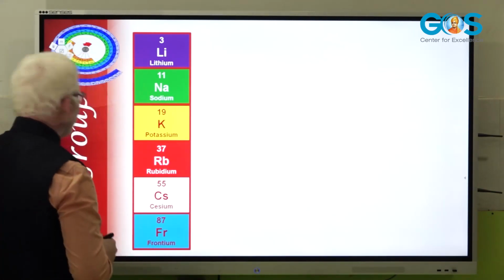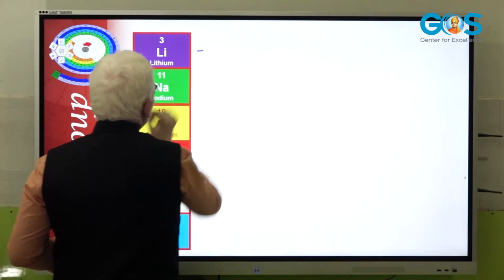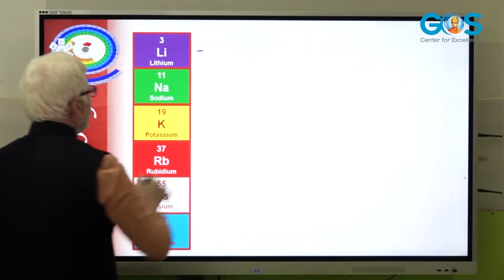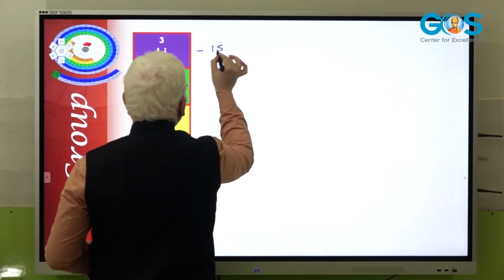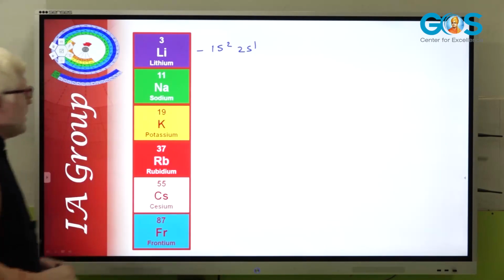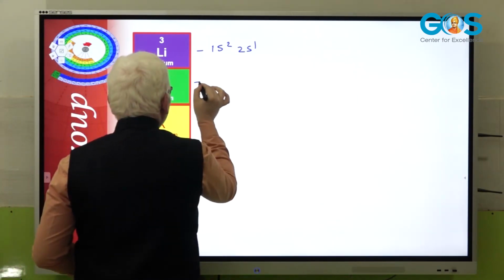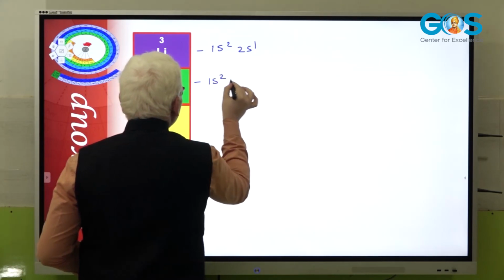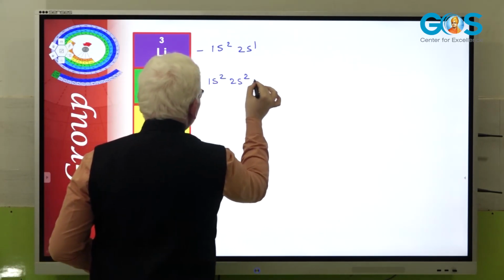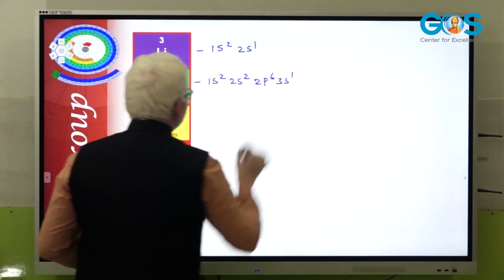Let me show you. The electronic configuration of lithium is 1s2, 2s1. Sodium is 1s2, 2s2, 2p6, 3s1.